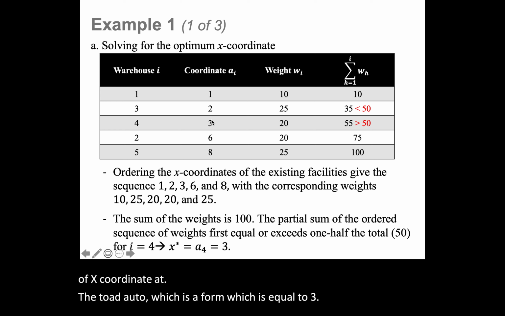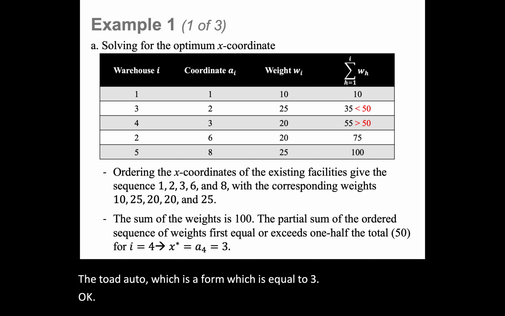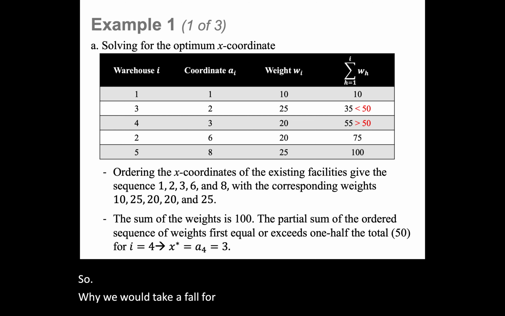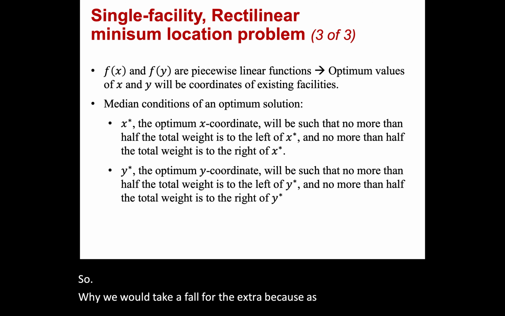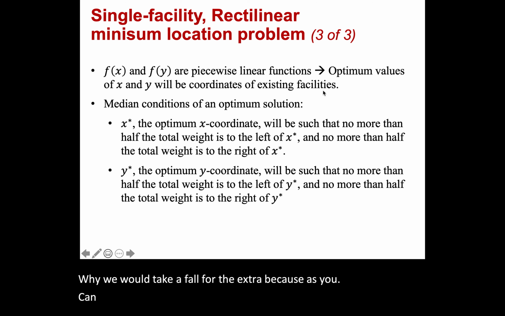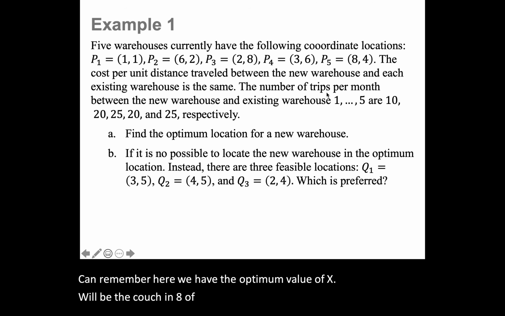Okay, so why do we take a4 for the x star? Because as you can remember, here the optimum value of x will be the coordinate of an existing facility.